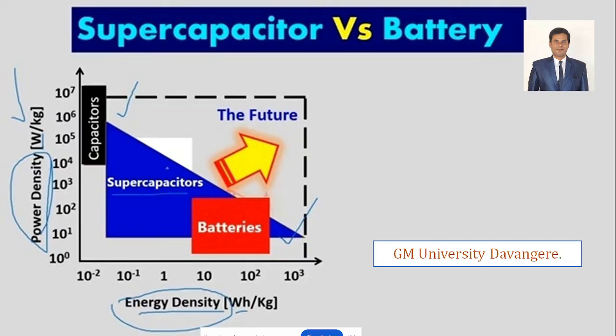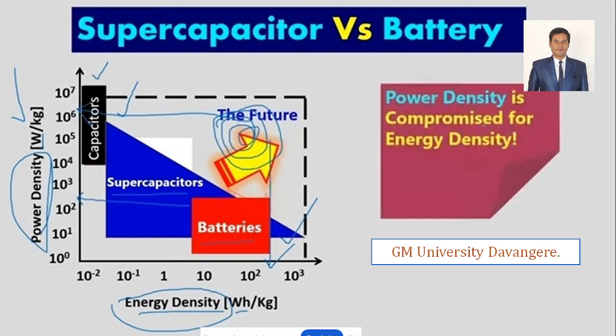The supercapacitor is also almost dominating with the batteries in terms of energy, and with the capacitor it is also dominating with the power. So we may have both in the future. That is what we have to think about: having both parameters, power density as well as energy density.